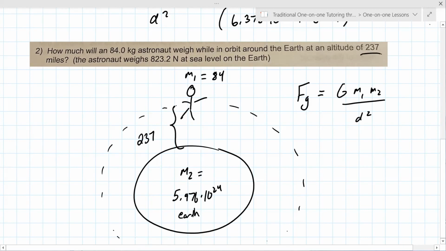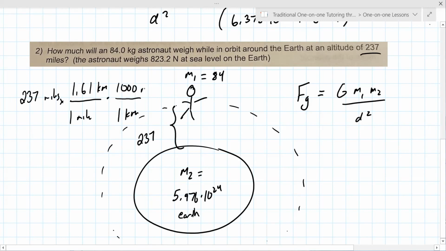237 miles. Right. And we need to convert that to meters because we're working in meters. So 237 miles times 1 mile is 1.61 kilometers. And in 1 kilometer, there is 1,000 meters.